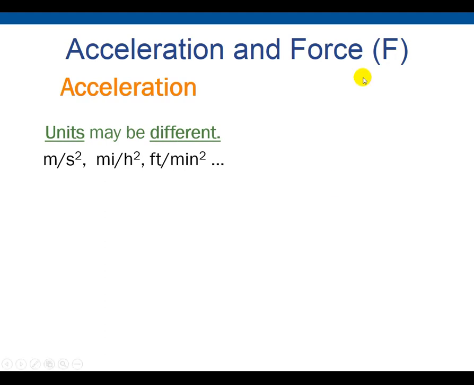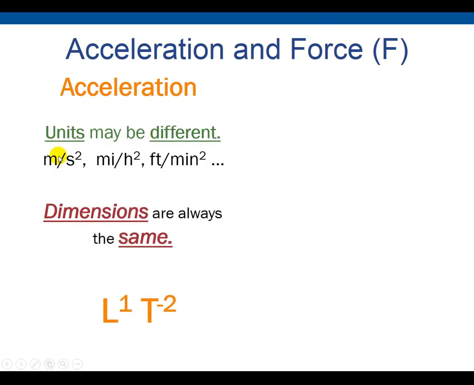As I mentioned before, dimensions should be the same. Even though we have different units for acceleration, for example meter, inch, or miles, and for time it can be a second, an hour, or a minute, it can vary, but dimension-wise it should be the same format: L divided by T squared.